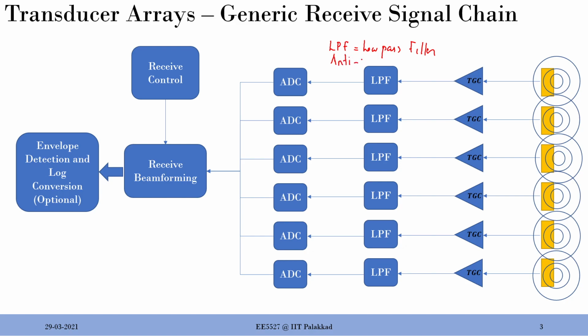I'll explain it in more detail in the next slide when we discuss the sampling process. This is just to prevent aliasing just before the analog to digital conversion. Some people also call it a band limiting filter. That is another way to look at it. Band limiting means the bandwidth you want to limit.